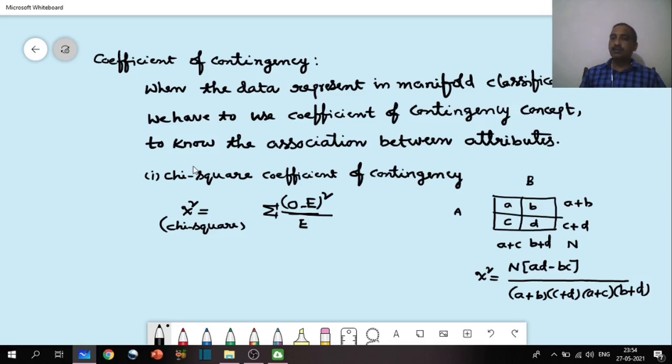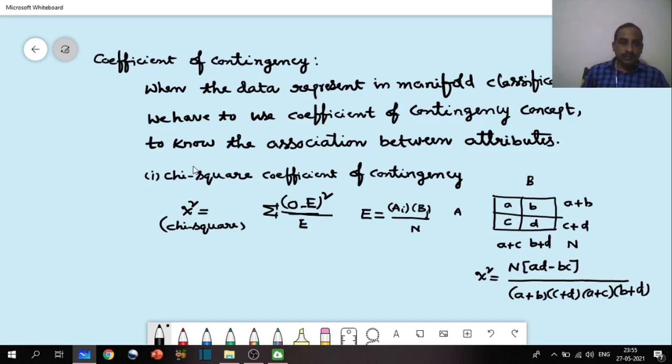Otherwise, you have to use O minus E whole square by E. Here the expected frequency E is calculated as A i into B j by N. Once you calculate the expected frequency, you take O minus E, square it, divide by E, and you get the chi-square.